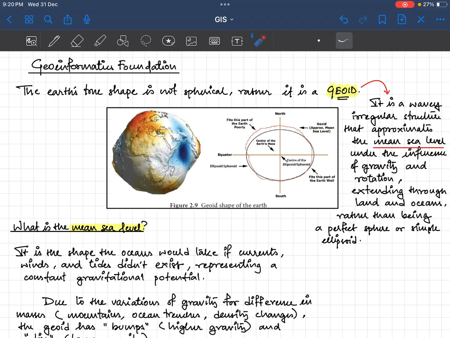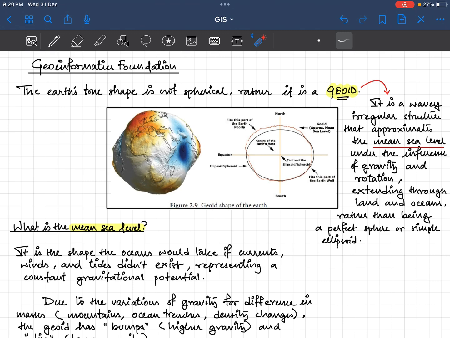And now, in reality, not the whole of Earth is covered by water. So, what happens on land? Basically, mathematically, we extend this surface beneath the continents. Okay, so this is the basic idea.